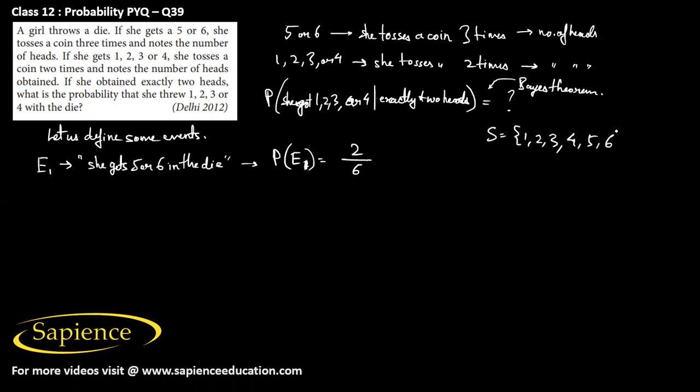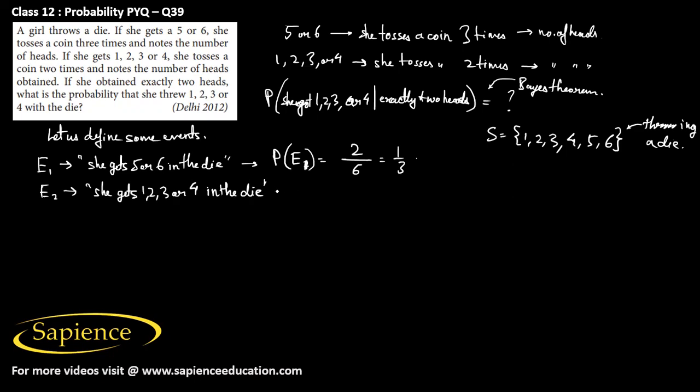It means there are 6 possible outcomes while throwing a die. So P of E1 is 2 by 6, so it is 1 by 3. Then the event E2 is defined as she gets 1, 2, 3, or 4 in the die. Then P of E2 is 4 by 6, so that is 2 by 3.